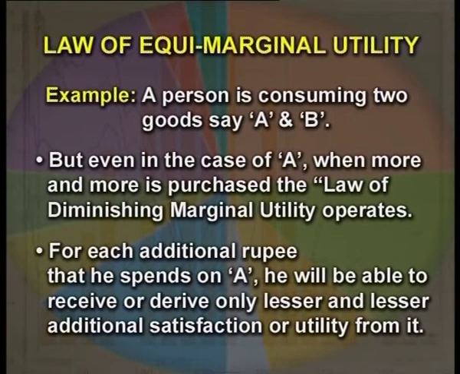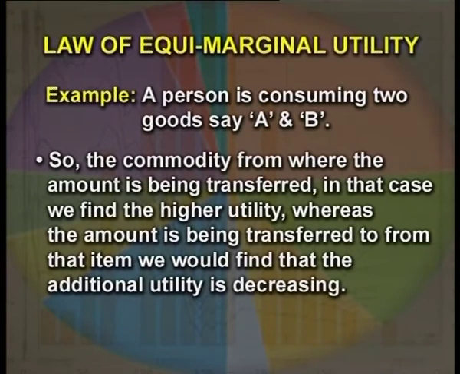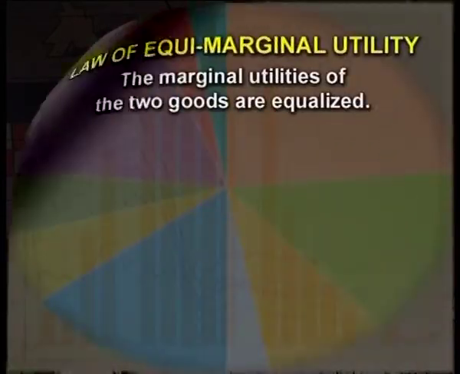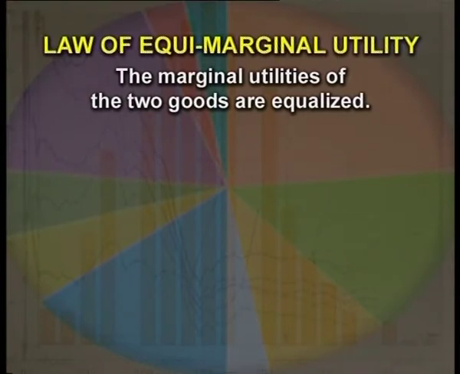So marginal utility increases in the item from where the amount has been transferred, and marginal utility decreases in the item to which the amount is being transferred, and thereby at some point you would find that the marginal utilities of the two goods are equalized.